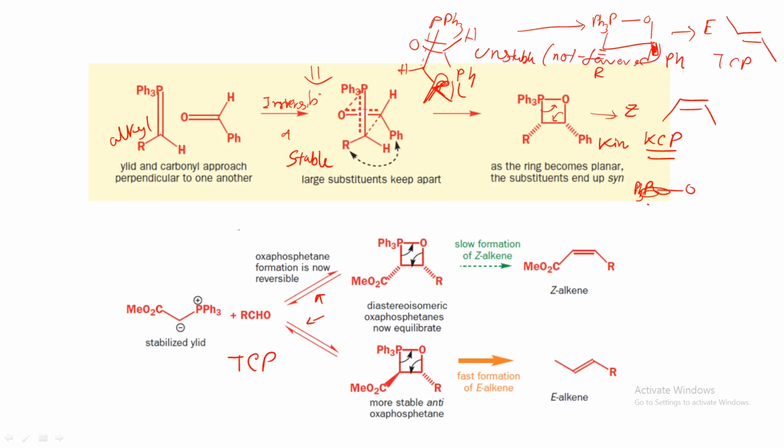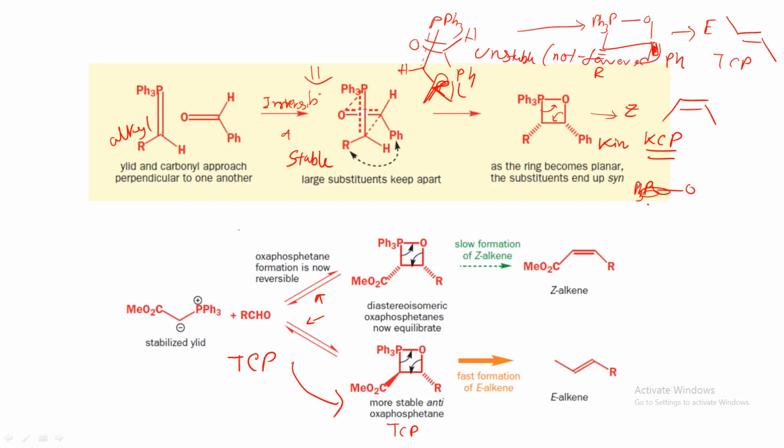So in this particular form, you can see three species can be possible, but with this type of stabilized ylide, as it is a reversible thing, the system is slowly generating the stable intermediate where the two substituents, the ester group and this alkyl group, are anti. So it is a thermodynamically driven product.